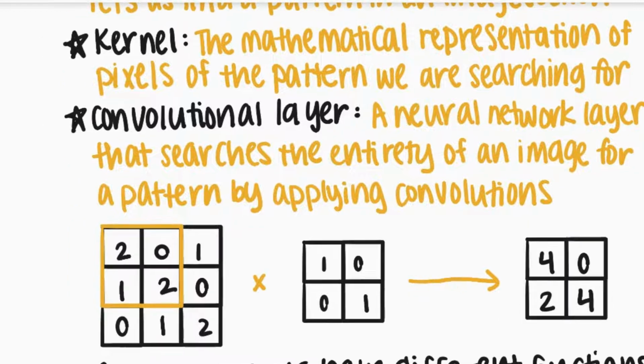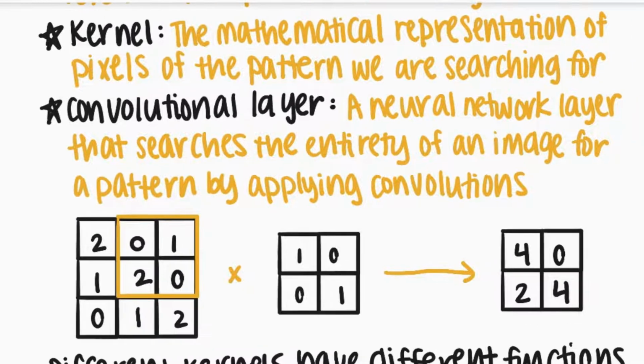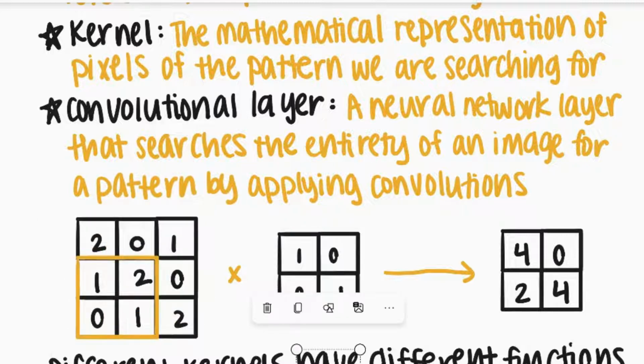And then we're going to apply the kernel here. And so now we're going to do 0 times 1 plus 1 times 0 plus 2 times 0 plus 0 times 1, which all adds up to 0. Next up, we're going to apply the kernel to this section. So we're going to do 1 times 1 plus 2 times 0 plus 0 times 0 plus 1 times 0.